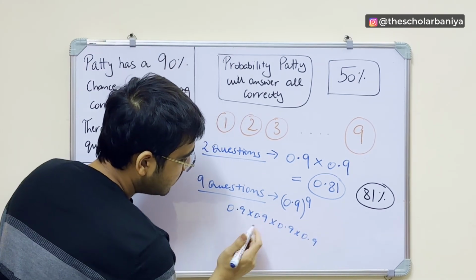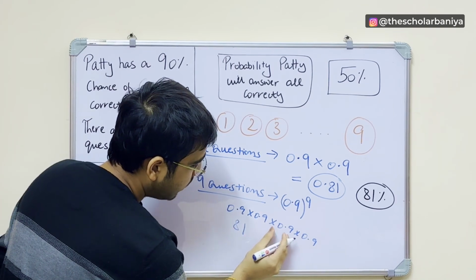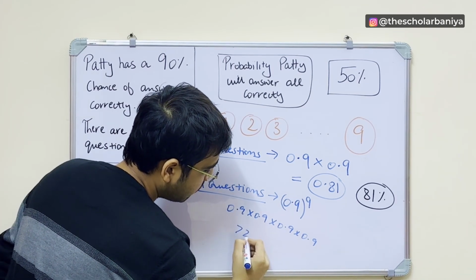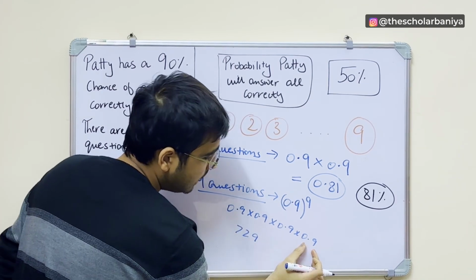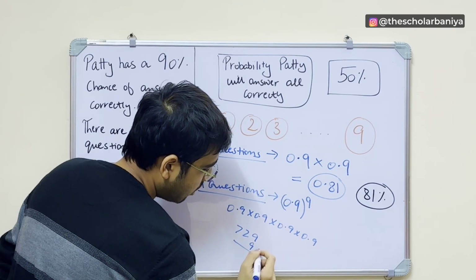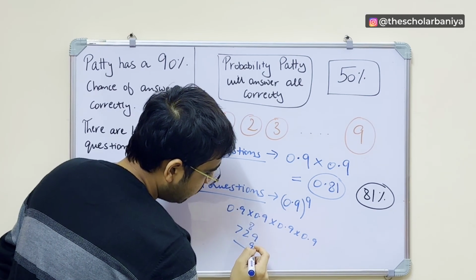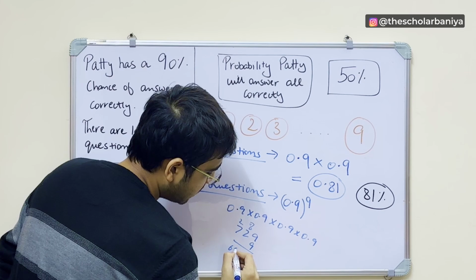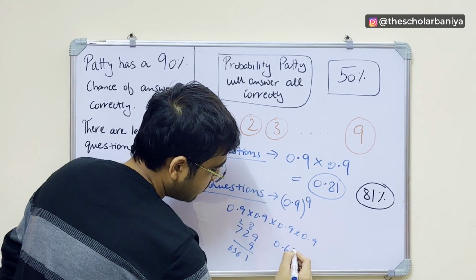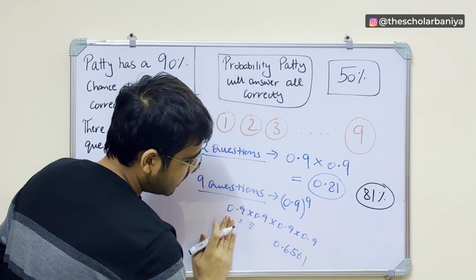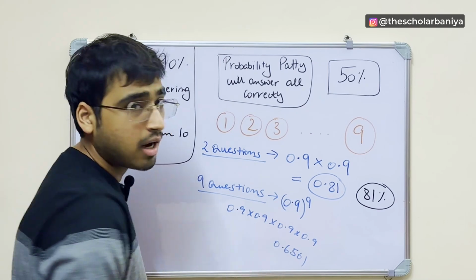For example, 9 9s are 81. 81 into 9, 729. 729 into 9 is how much? 6561. So 0.6561. For example, this is 0.9 to the power 4.